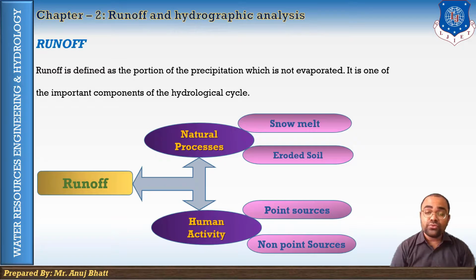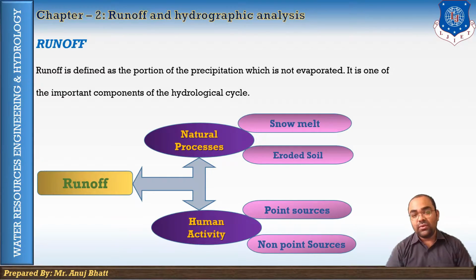Runoff from non-point sources also includes lawn fertilizers, car exhaust, and even spilled gasoline from cars. So this is how runoff can occur, by natural processes or by human activities.